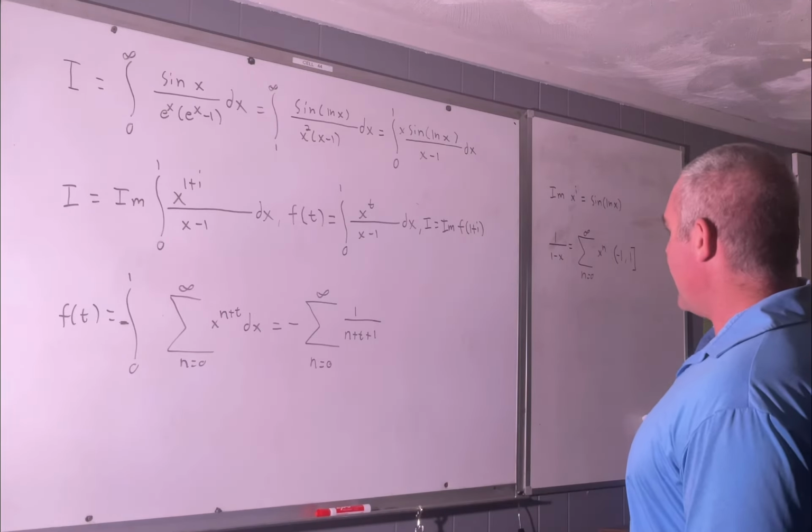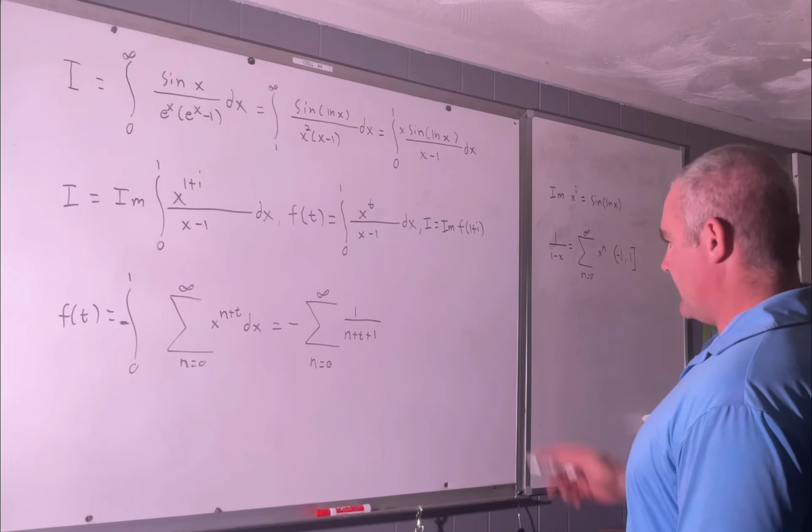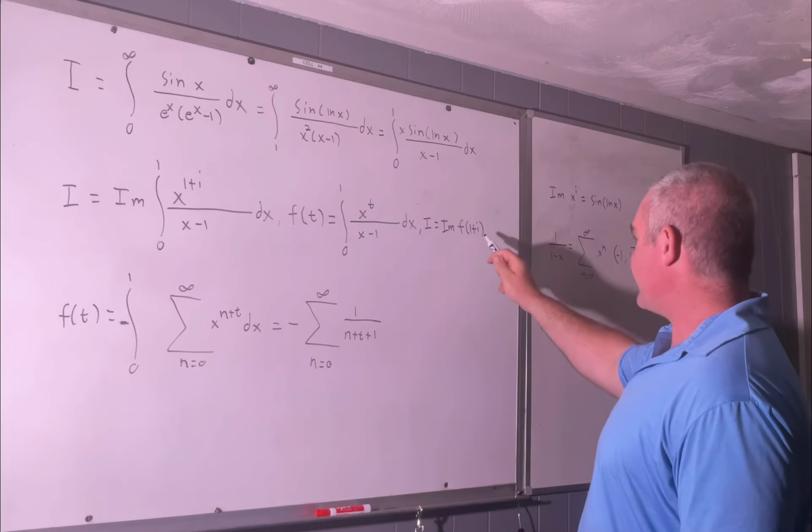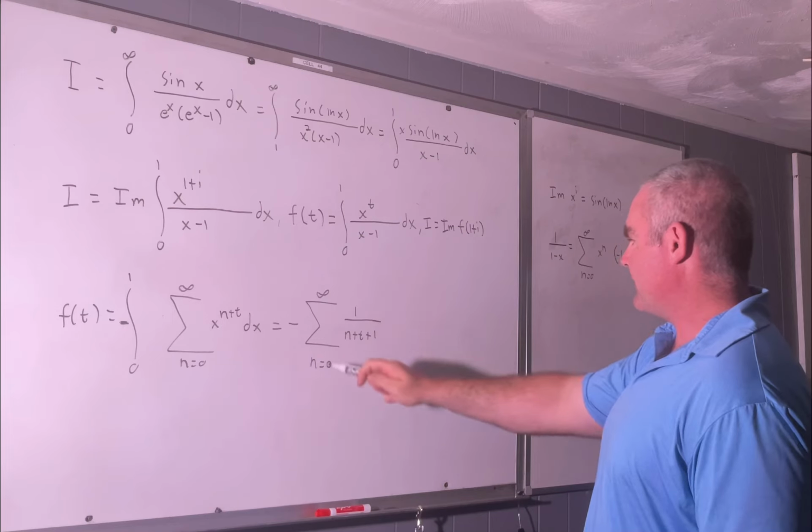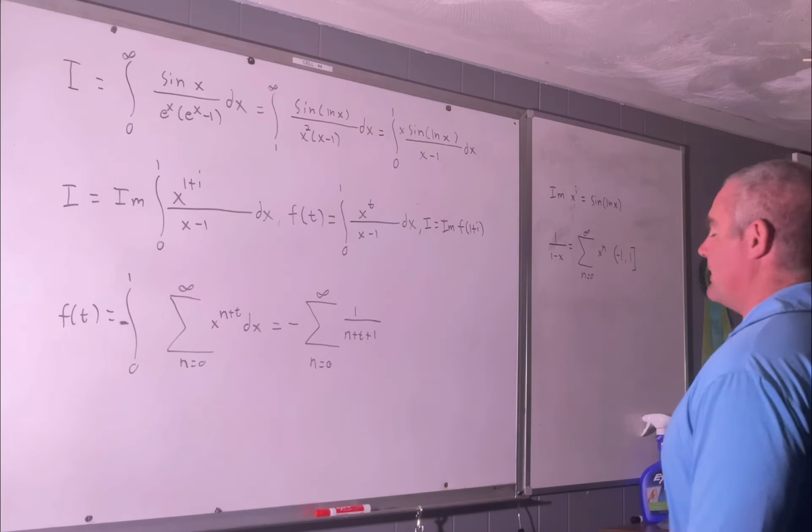So now let's plug in 1 plus i for our t into here, then take the imaginary part, and we're done.